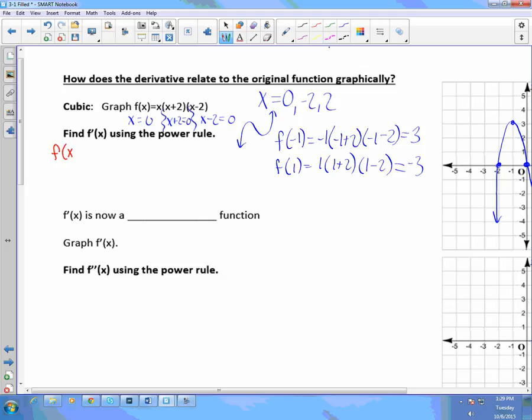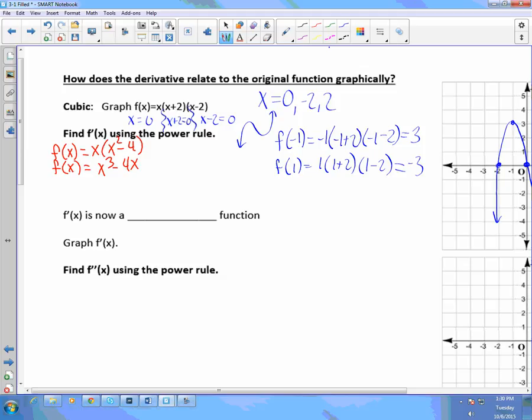Now, f of x first: x times (x plus 2) times (x minus 2) is when you want to find the other. X squared minus 4. Good. So we have x times x squared minus 4. F of x equals x cubed minus 4x.